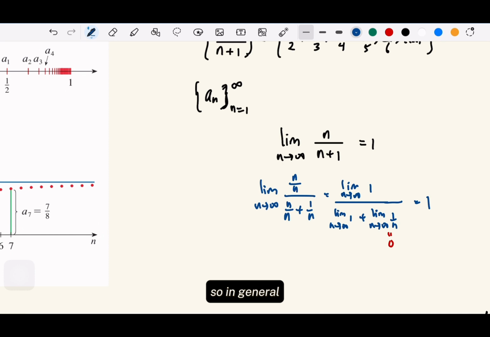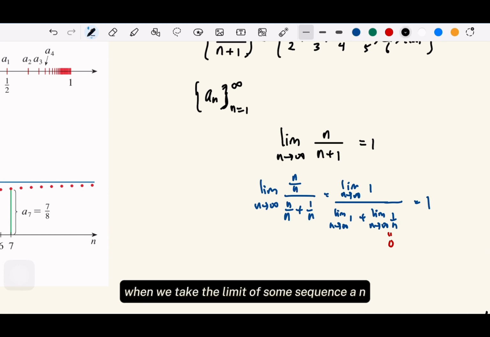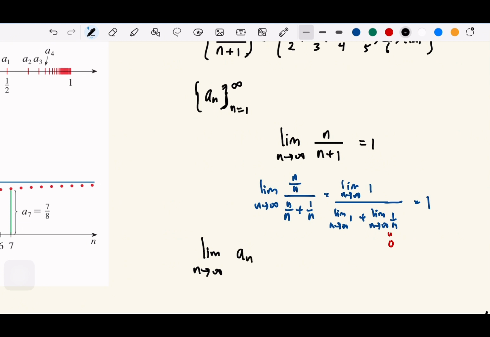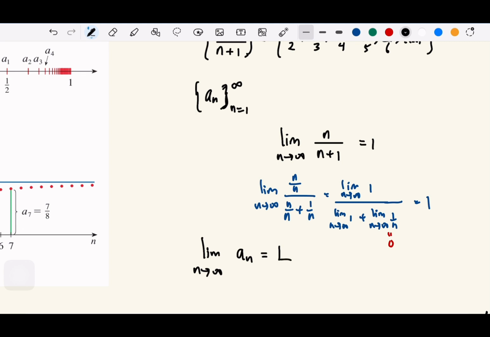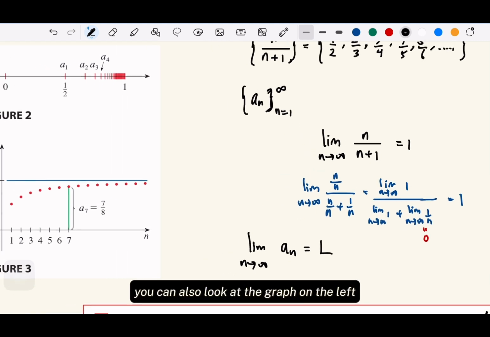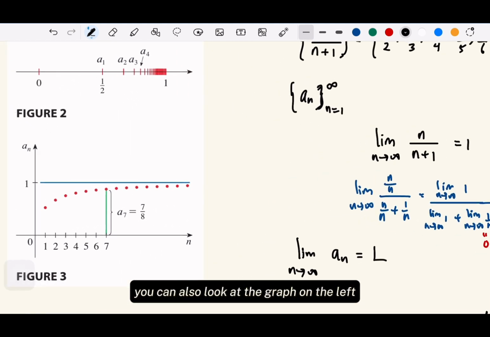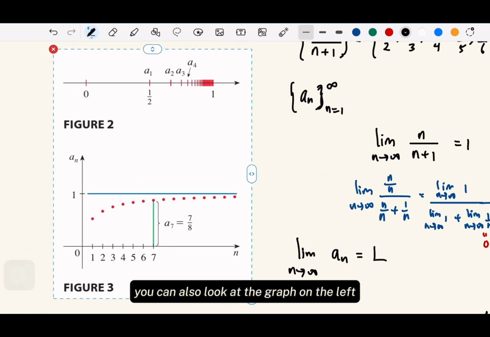So in general, when we take the limit of some sequence a_n, it means that it will approach the value L. We can also look at the graph on the left.